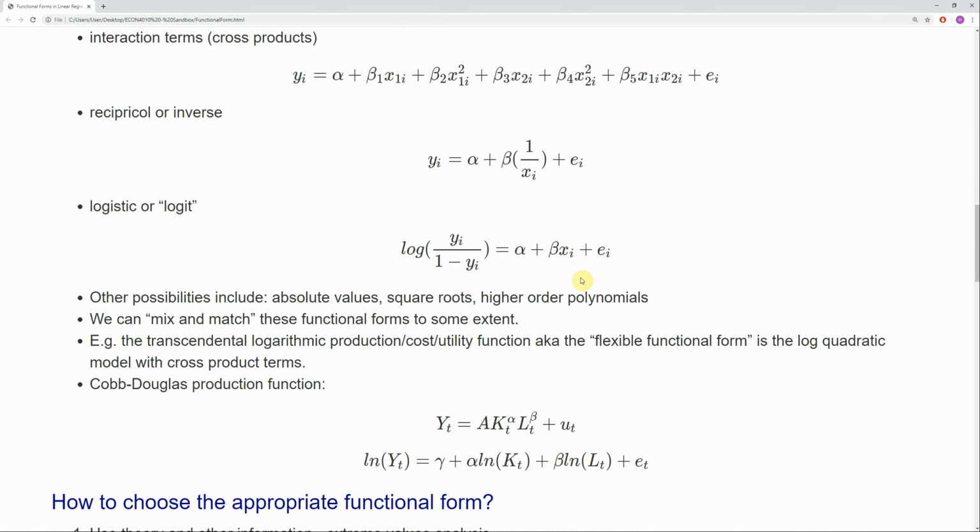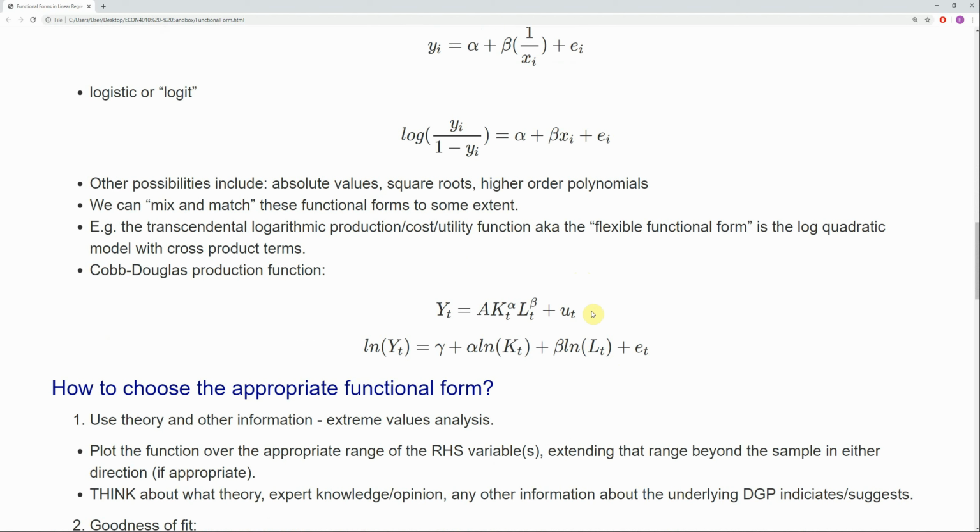You could also have a mix and match of these functions all together. And we will talk about how we can benefit from different hints to choose what type of functional forms we need to have in our model.